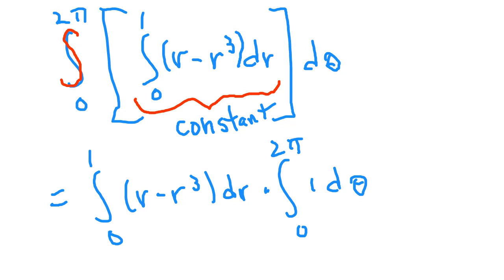Then you have two very simple integrals and you just compute each one and multiply. Sometimes there are several ways to do the integration, and in this case, you could do it this way. You would work out this integral and then multiply. That turns out to be 1/4, and then the second integral, when you work it out, is 2 pi, and 1/4 times 2 pi is pi over 2.